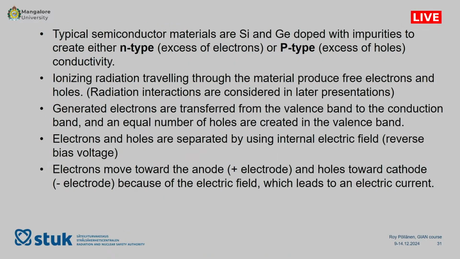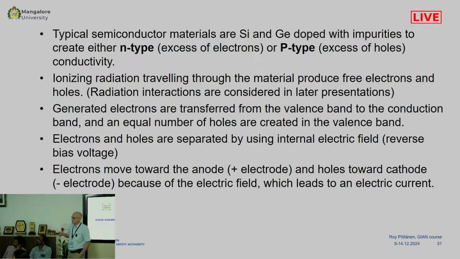Typical semiconductor materials are silicon and germanium. They are doped with impurities to create either N-type or so-called P-type conductivity. Ionizing radiation traveling through the detector material produces free electrons and holes. I will consider these interactions in later presentations, but the generated electrons are transferred from the valence band to the so-called conduction band.